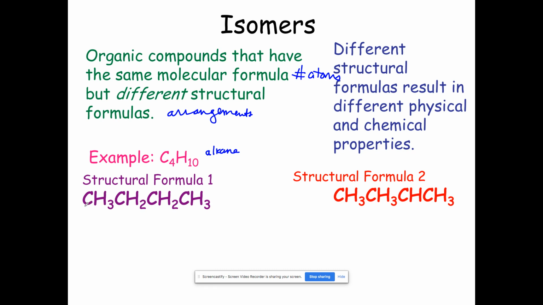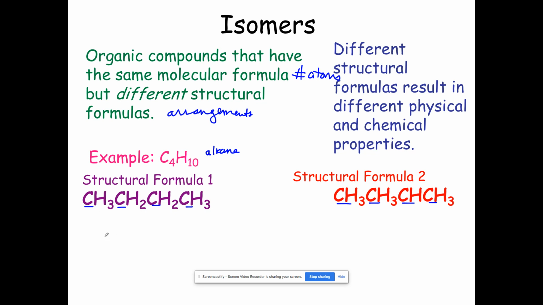All right, so here are 2 what we call isomers. Notice that both of them have 1, 2, 3, 4 carbons and 10 hydrogens. 5 and 5. Good. All right, just trust me. So let's draw these according to their structural formulas. Are you ready?